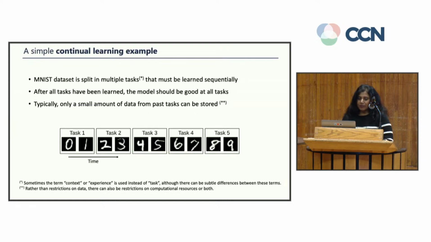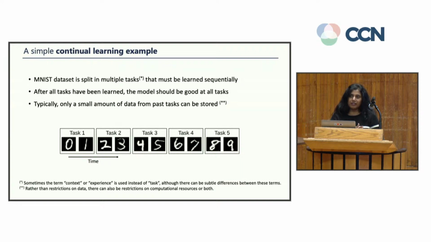So Guido has done a really good, very simple example with a data set some of you might be very familiar with. It's called the MNIST data set. You can split this data set into multiple tasks, as you see in the cartoon here, task 1 to task 5. And the network or the model should learn these tasks in a sequential manner. And after all the tasks have been learned, the model should be good at all of them.